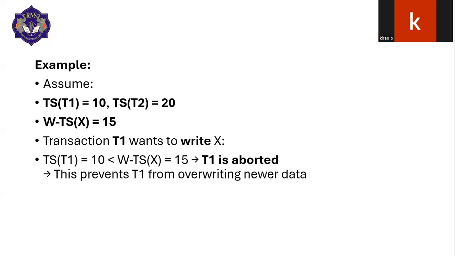Transaction T1 started at 10, transaction T2 started at 20, but somebody wrote X. At this point we want to know whether transaction T1 wants to write the same object X. So I check TS of T1: when did transaction T1 start? It started at 10 o'clock, but somebody else has already written it at 15, and hence it must be aborted. So indirectly you're avoiding conflicts.